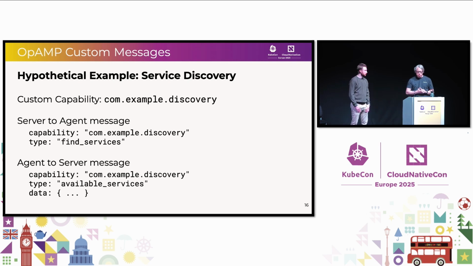Then we define 2 messages, one for the server to send a discovery request to the agent, and another to carry the response from the agent to the server. Again, this is just an example of a possible use of custom messages. And while a capability may be vendor specific, vendors are encouraged to publish their custom message specifications to allow for more interoperability.